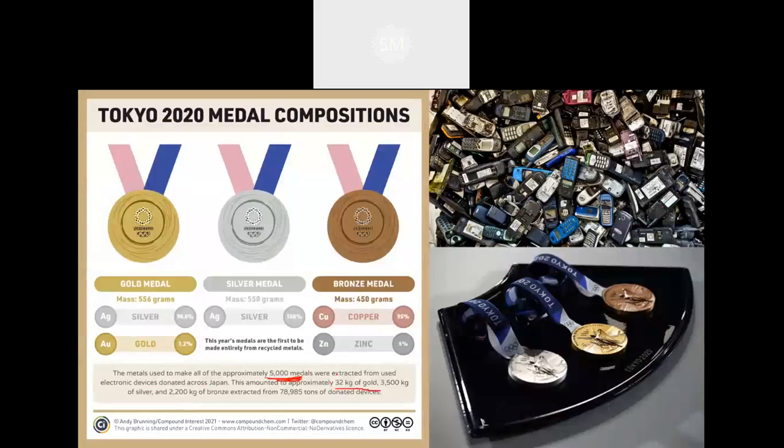Around 3,500 kg of silver and around 2,200 kg of bronze were extracted from these many tons of donated devices. This was a good part of Japan's effort, and it was not a waste.